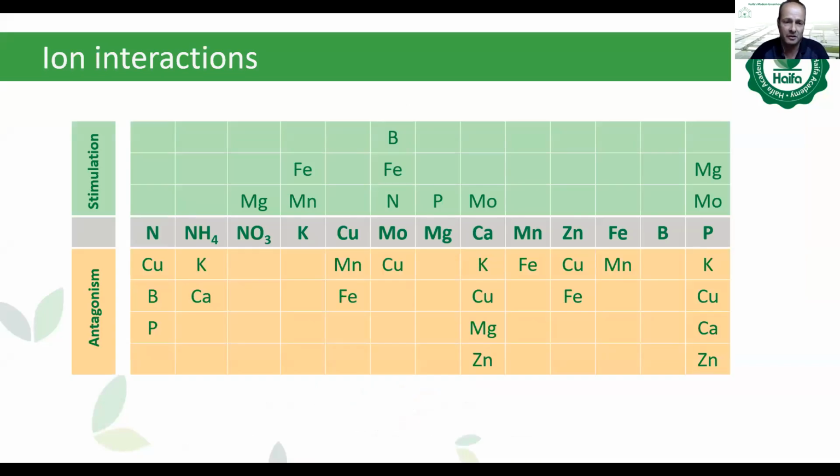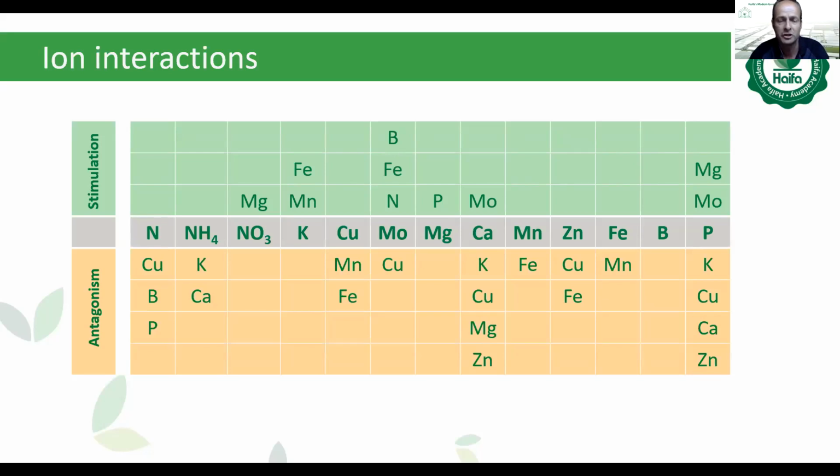And this is more or less the same story. If you look on Google, on the internet, you find a lot of pictures and information about ion interactions, and the previous slide was one. This is another one, but in the end it's the same story.